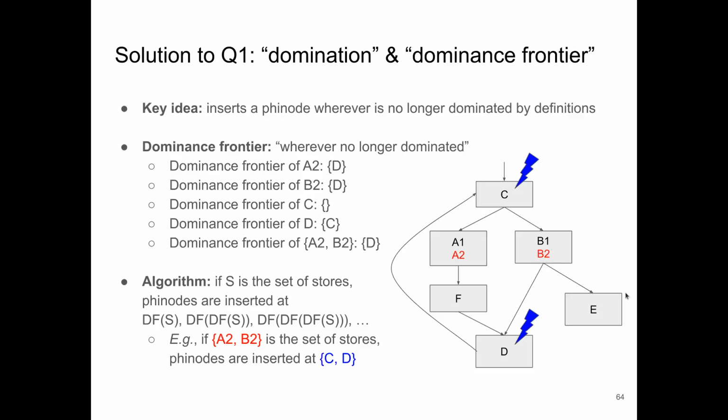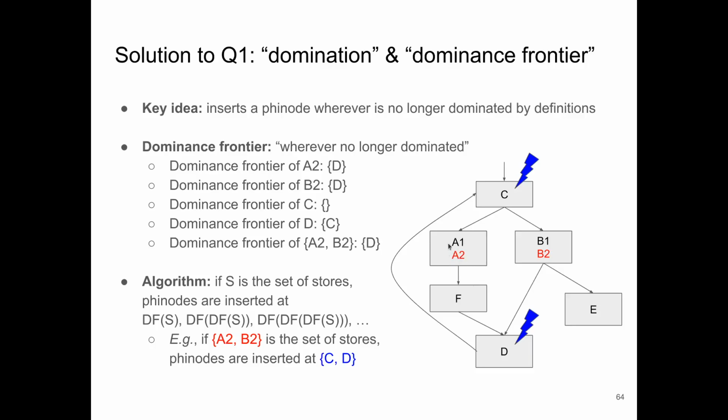So that's the reason why we need to put a phi node here at D, which stores the value stored in the promoted memory location. Depending on the control flows, it should either be the one stored at A2 or the one stored at B2. So this dominance frontier is exactly capturing this idea.